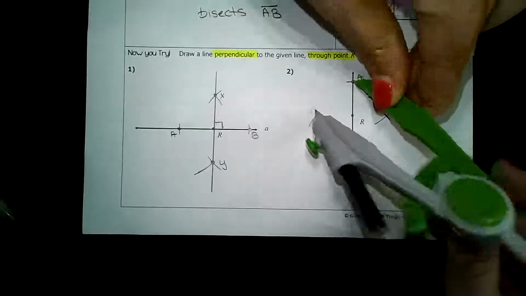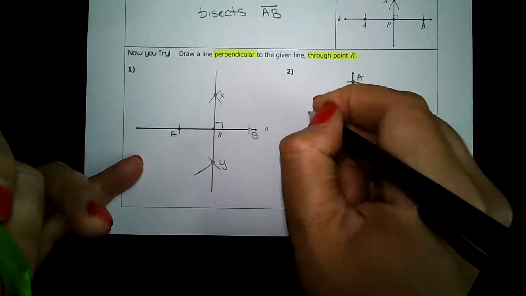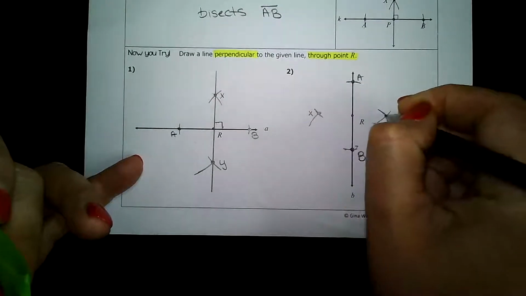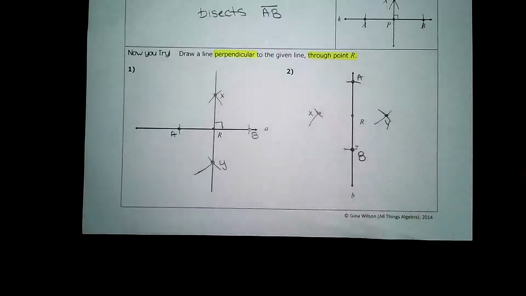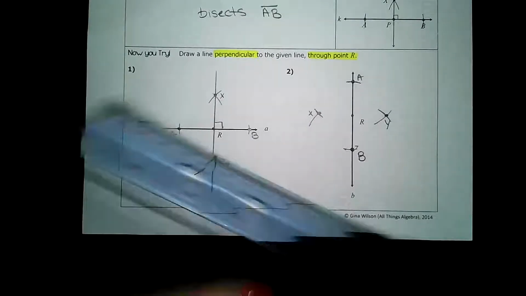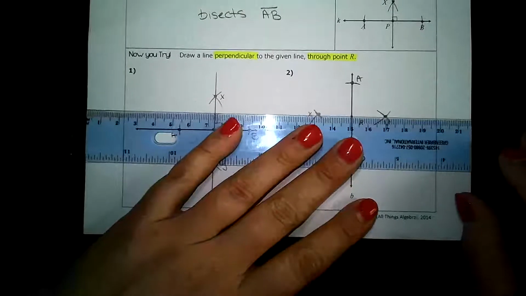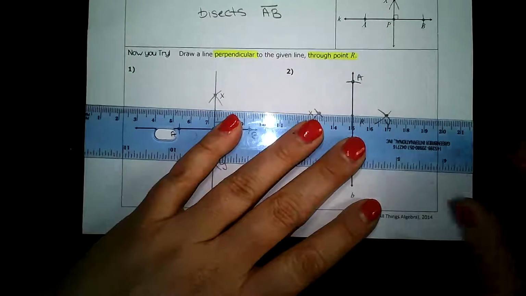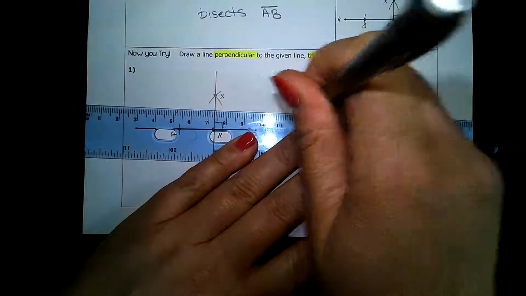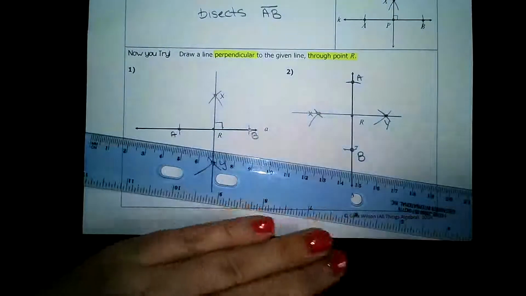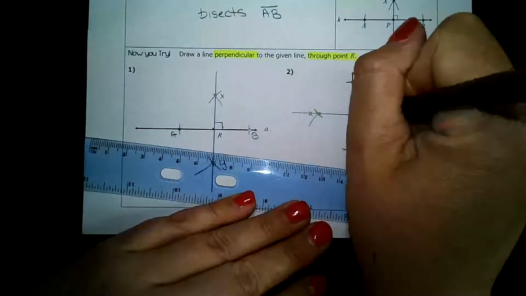Ooh, I just barely made that one down here. And we call these intersections X and Y. If you connect X to Y, it should work out that the line you're drawing travels right through point R and is perpendicular.